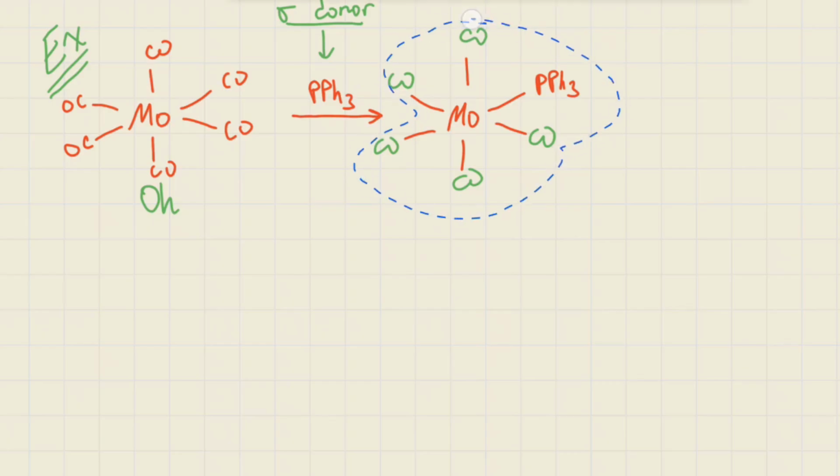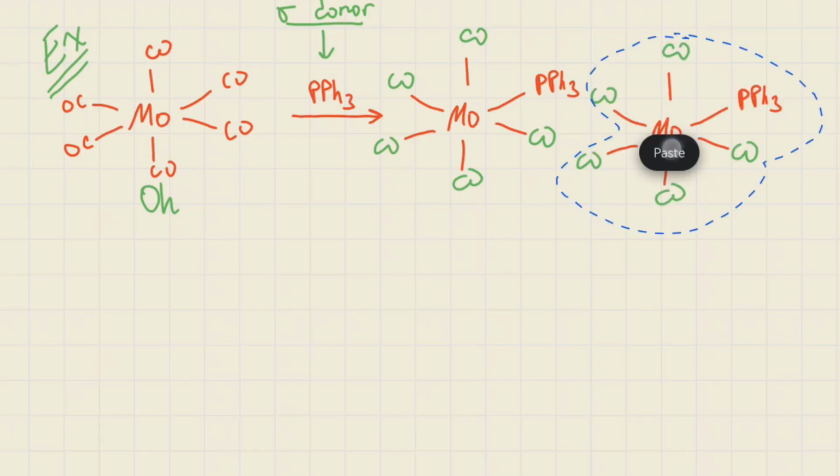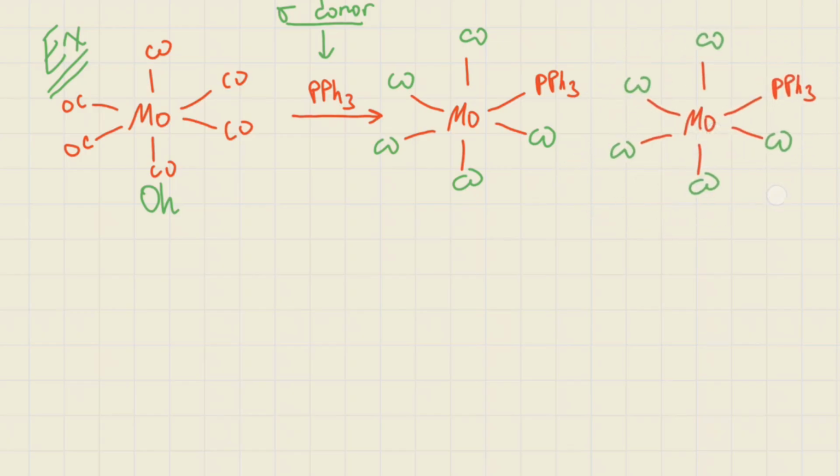And if we add one more phosphine ligand, we can produce a cis isomer. So this is definitely cis, right?